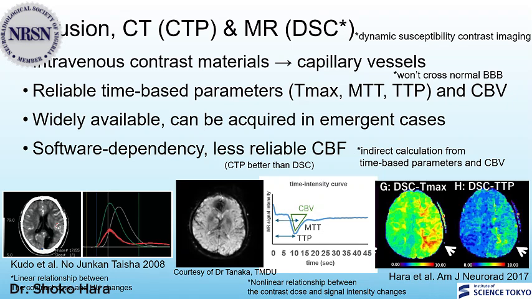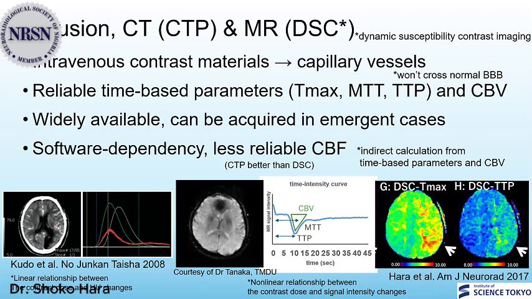These modalities provide robust time-based parameters such as Tmax, a well-established biomarker in the field of acute ischemic stroke. These time-based parameters represent the time required for the contrast agent to reach or pass through the capillary bed.